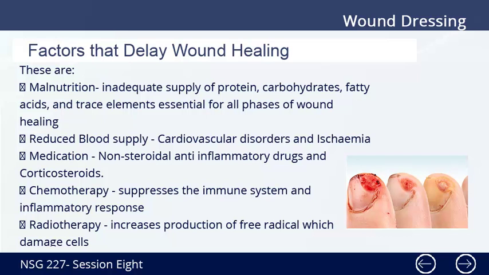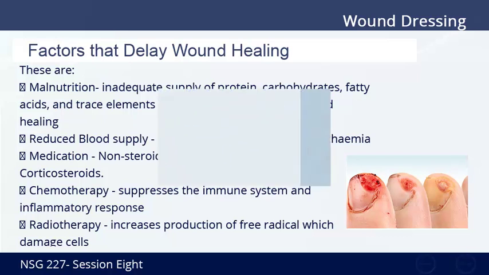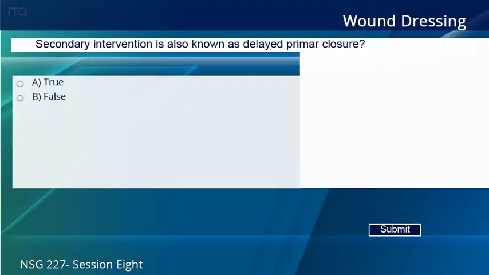Medication, non-steroidal anti-inflammatory drugs and corticosteroids. Chemotherapy suppresses the immune system and inflammatory response. Radiotherapy increases production of free radicals which damage cells. Psychological stress and lack of sleep.